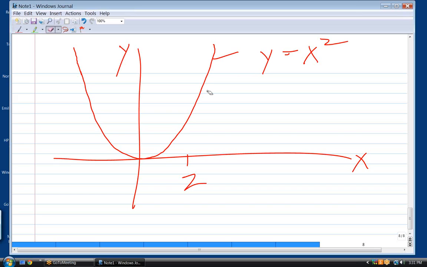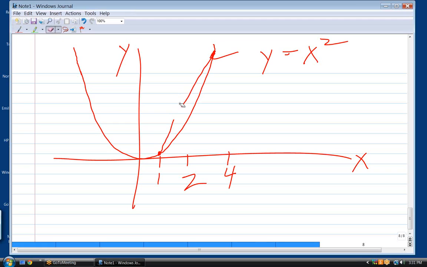Up until now, the only thing you've been able to calculate is average rate of change. If you want the average rate of change between 1 and 4, you take the value there, you take the value up there, you take rise over run, the slope of that line is the average rate of change.